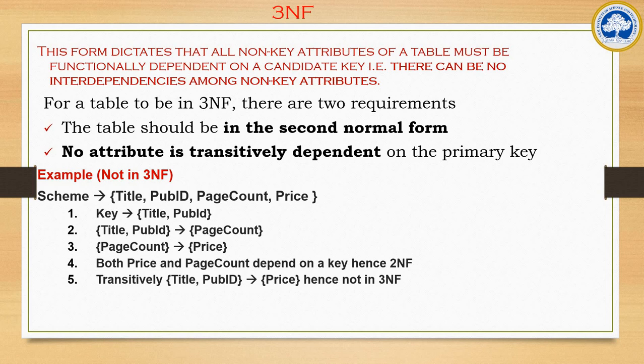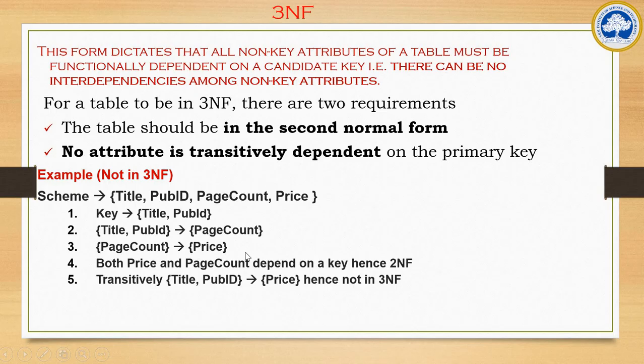If non-key attributes have an interdependency, obviously it leads to a transitive dependency, A to B, B to C. So implicitly A to C is also true if A is a primary key. Now we can see in this example, the schema is title, publication ID, page count and then price.